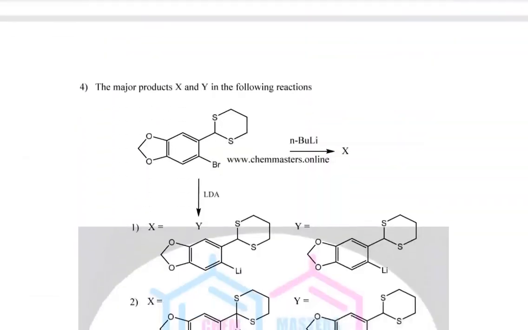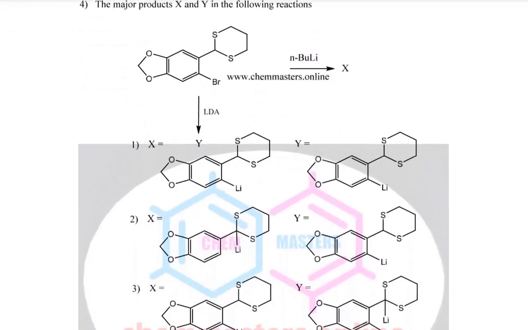And next question. Here, the major products X and Y in the following reactions. Just look at the given reactant here. We have given n-butyl lithium in one reaction. In the next case we have given LDA, lithium diisopropylamide base. Both are bases. Then what is the difference?